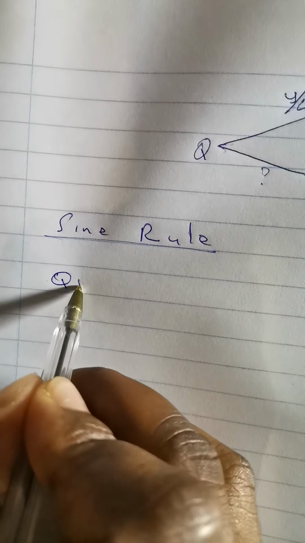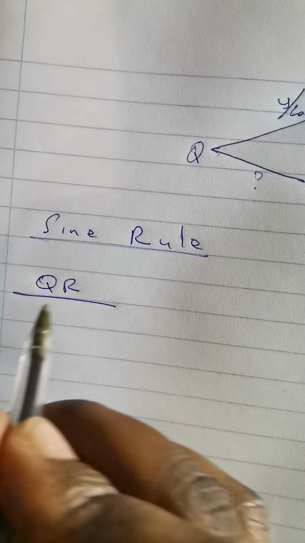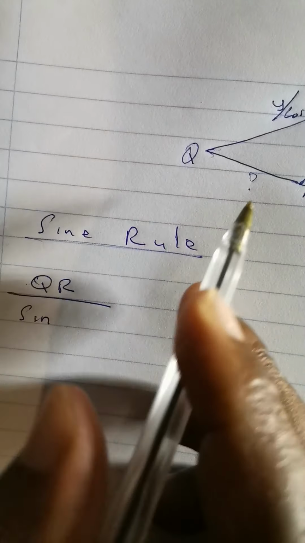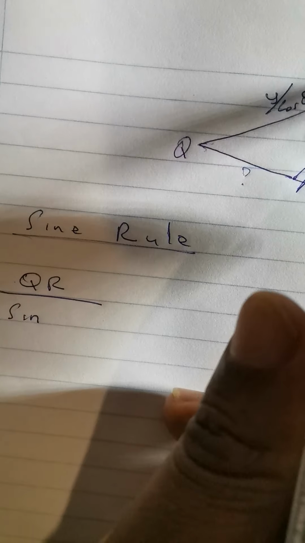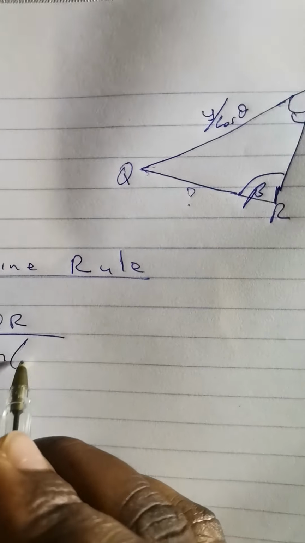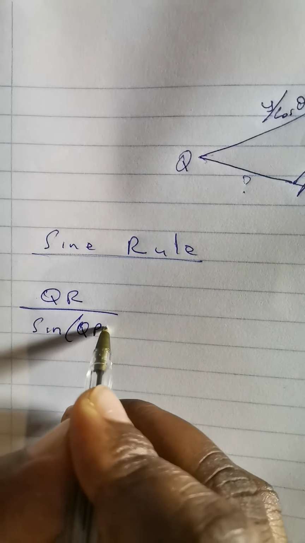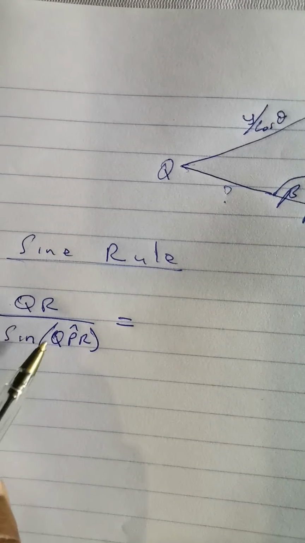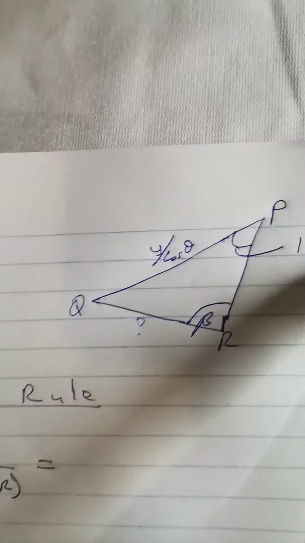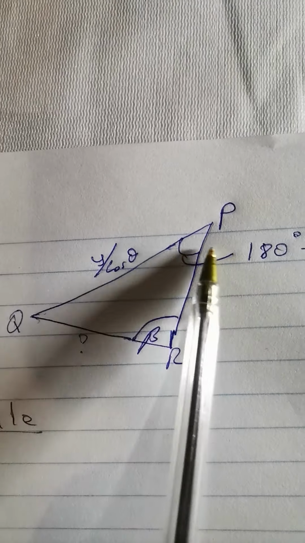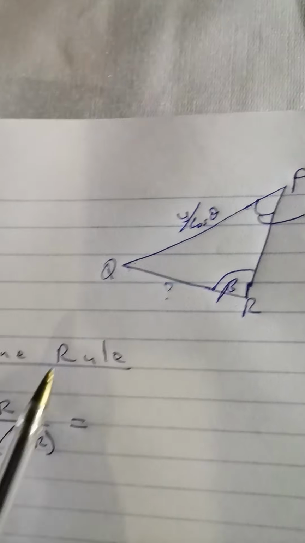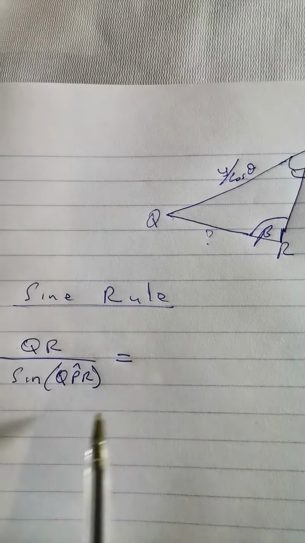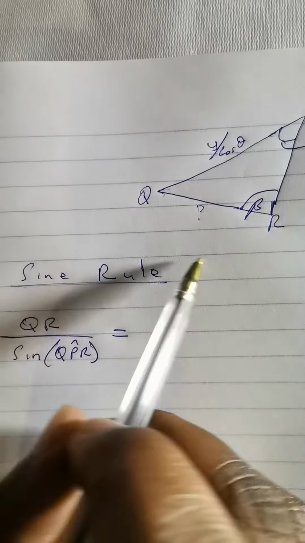So QR over sine, the angle that is opposite QR is angle QPR, is equal to, can you notice that I'm not rushing into putting the actual units of the angle, the actual degrees. I'm first naming the angles and my lines. That's very important so that you don't get confused.